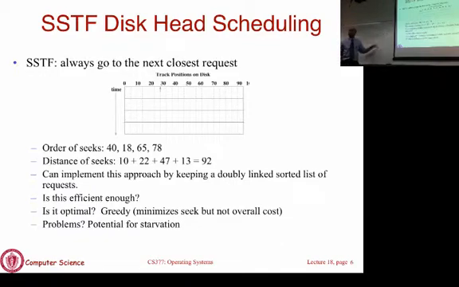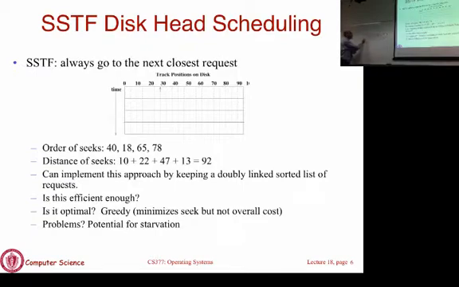If you knew exactly where you were and exactly how much time it would take to get to that track, you should be able to compute, given the speed of the disk, how long it will take for the sector to spin by. Then you can estimate the rotational latency. So if you did this computation, then what you could do is not just shortest seek time first, but something like shortest access time first, or the nearest request first.